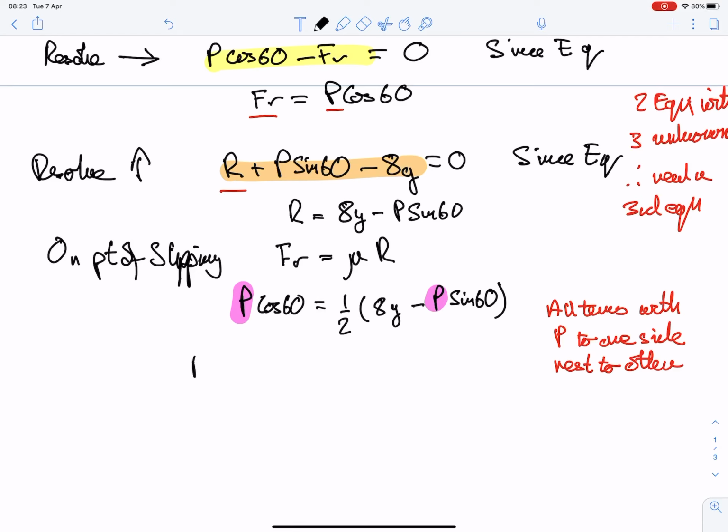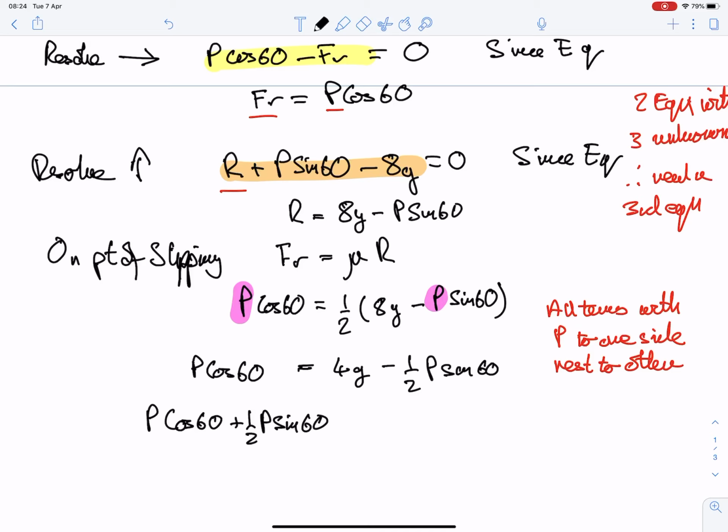So we've got P cos of 60 equals 4g minus a half P sine of 60. Add the half P sine 60, so we've got P cos 60 plus a half P sine of 60 equals 4g.